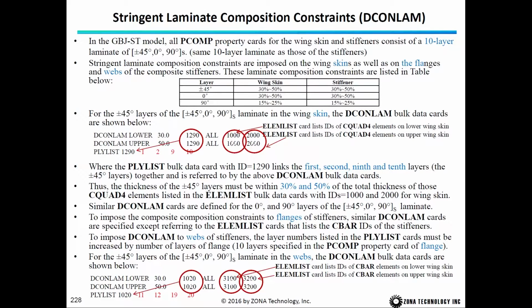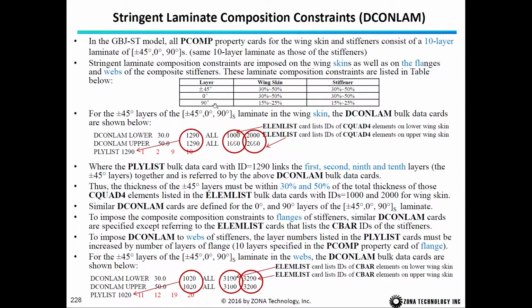If we require, say, we want the thickness of the plus minus 45 degree layers must be within 30 to 50% of the total thickness of the panel for the wing skin, and also for the stiffener. The 0 degree plies, their thickness must be within 30 and 50% of the total thickness of the panel of the skin, and also for the stiffener.